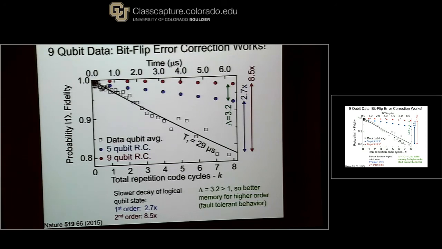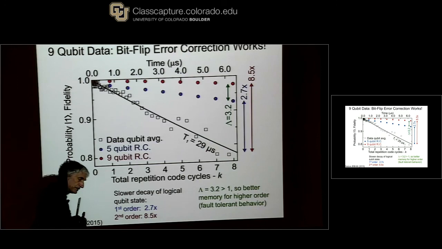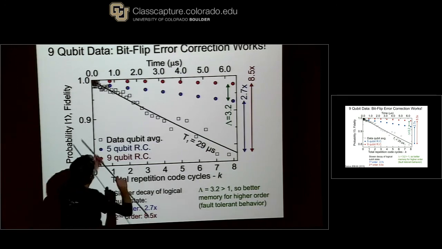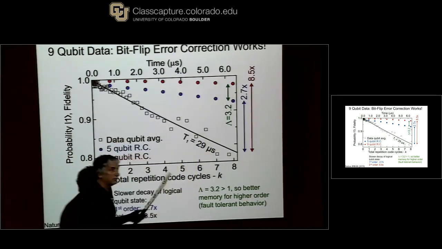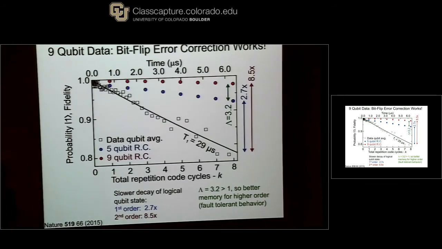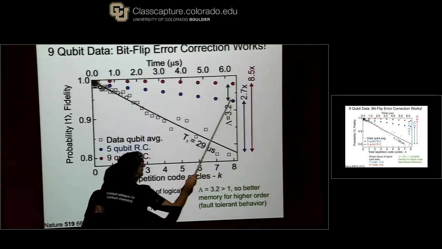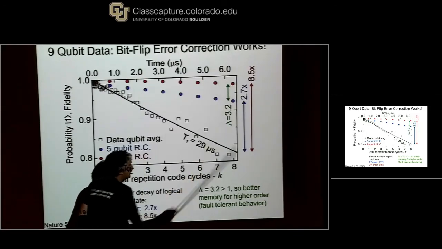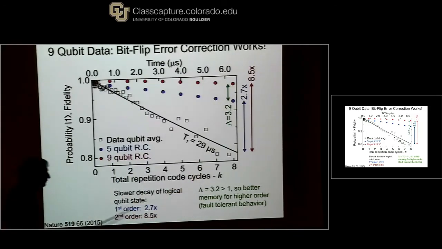And presumably all we would have to do is make the system bigger and bigger. This will get flatter and flatter, and you'll have your logical error rates go to 0. So we're better than threshold. Okay? And the degree that we're better than threshold is basically the ratio from here to here. 3.2 greater than 1, so better in memory for higher order.